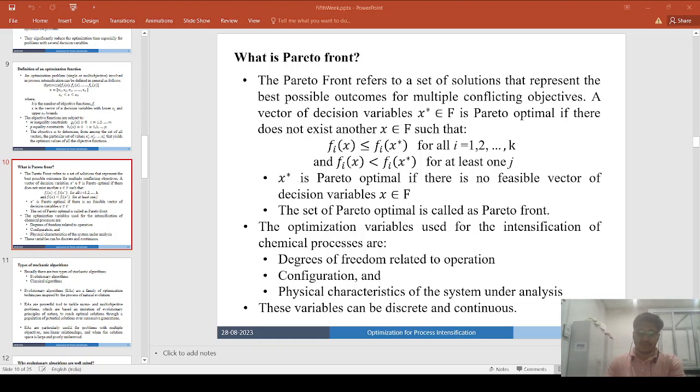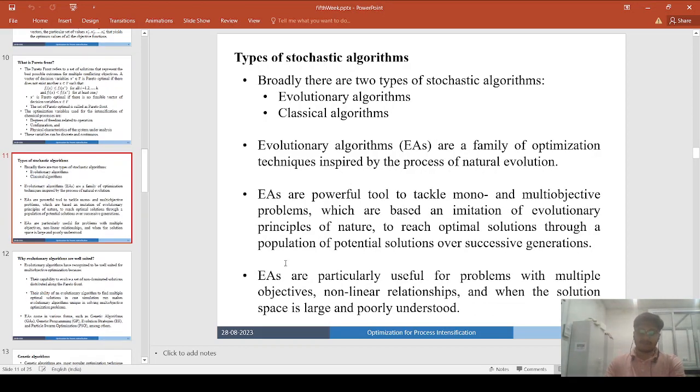So here we cover only the stochastic algorithms, and broadly there are two types of stochastic algorithms, called evolutionary algorithms and classical algorithms.